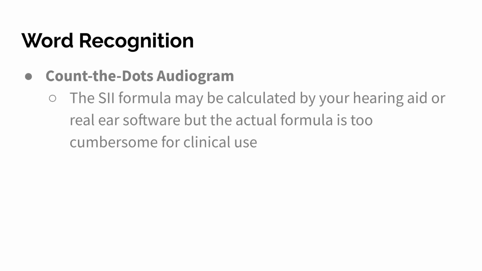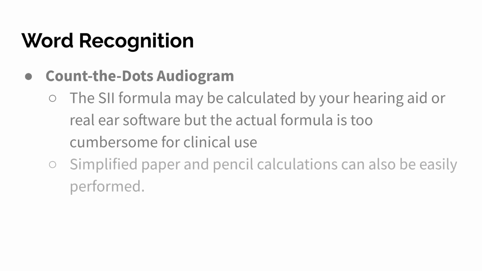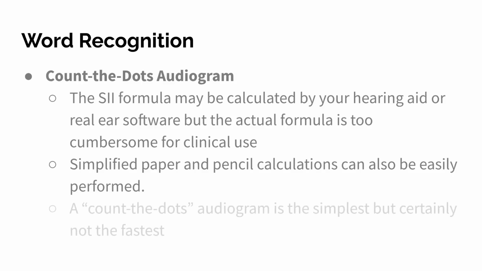The Speech Intelligibility Index may be calculated by your hearing aid or your real ear software, but the actual formula is too cumbersome for clinical use. It's simplified by paper and pencil calculations, and they can be easily performed as a count-the-dots audiogram. It's the simplest, but not the fastest method.